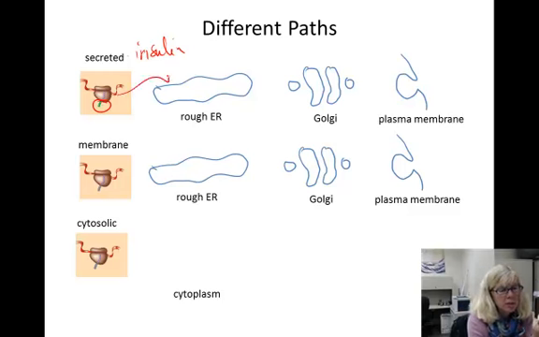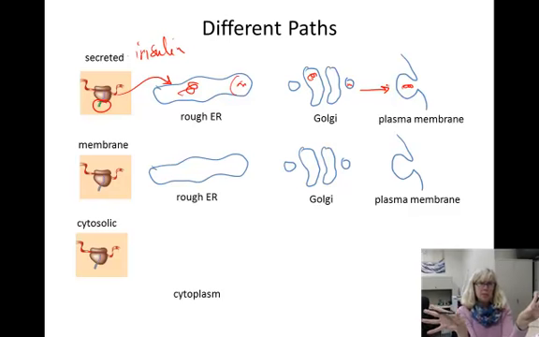This is going to send the ribosome to the rough ER, which puts the peptide inside the rough ER. This is going to bud off in a vesicle that's going to go to the Golgi, which modifies the protein. It's going to be in a vesicle that leaves the Golgi, and is then sent to the plasma membrane using microtubules and the motor kinesin. The vesicle then binds with the plasma membrane, releases the protein out into the environment, and you have a secreted protein.